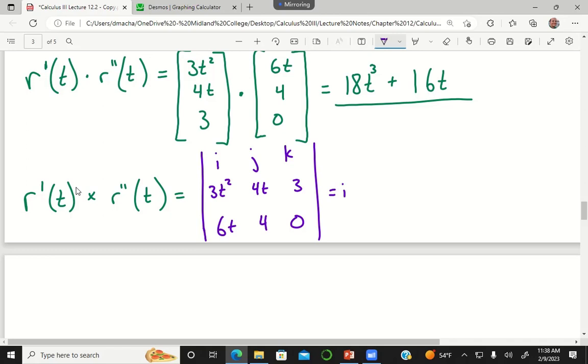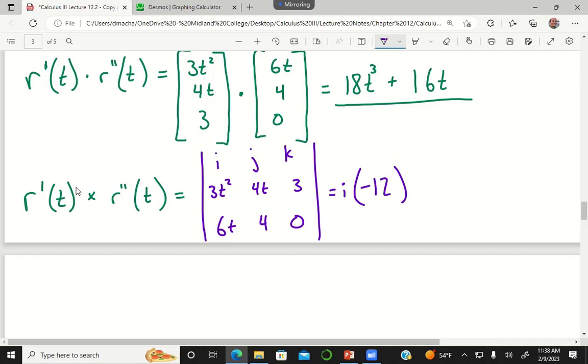And this cross product becomes i times what? For the determinant of 4t, 3, 4, 0, negative 12. Yeah. Negative 12.